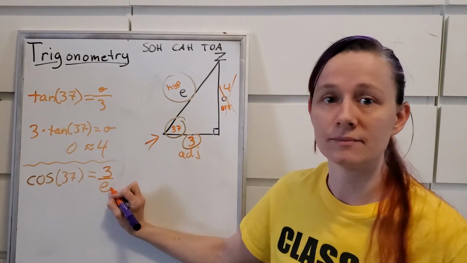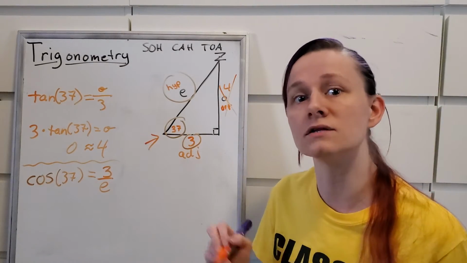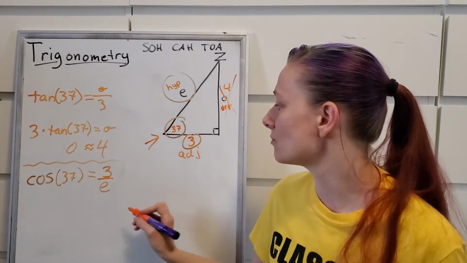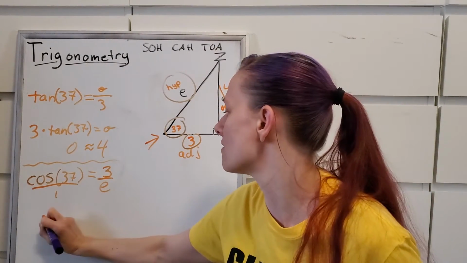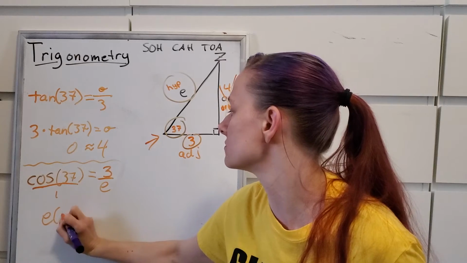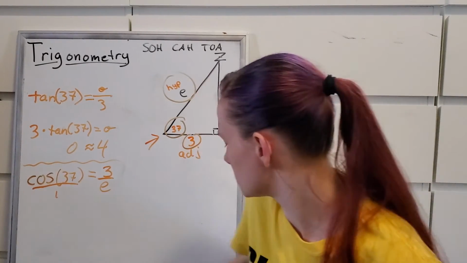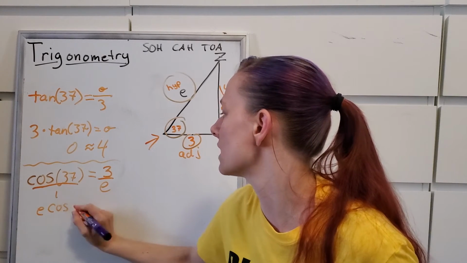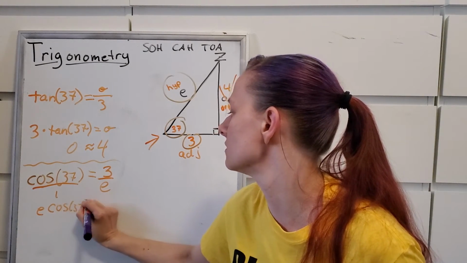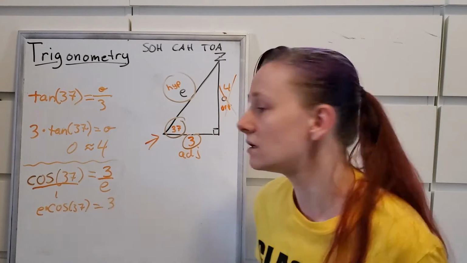Now I want to get E by itself. This time I have my variable in the denominator, so I have to solve it a little bit differently. This time we have to cross multiply. So we're going to put this over 1. So we have E times cosine of 37 equals 3.